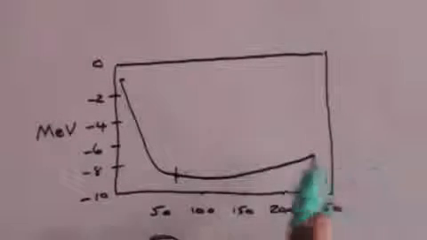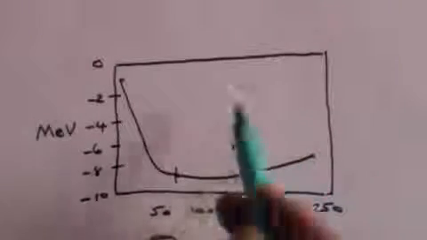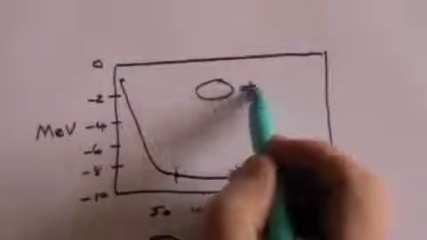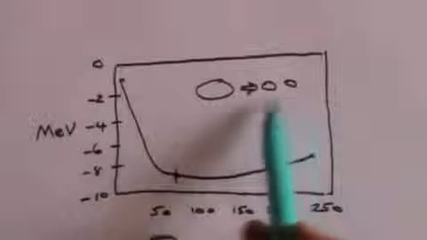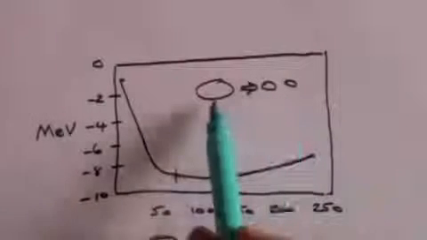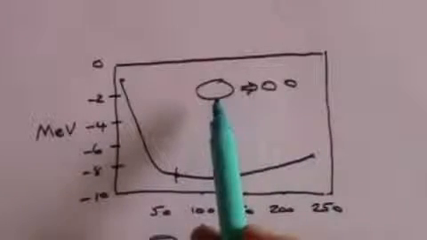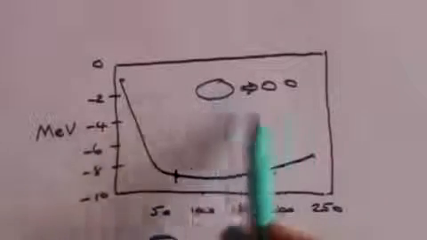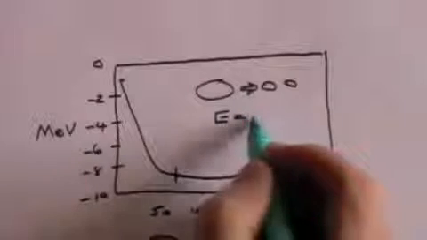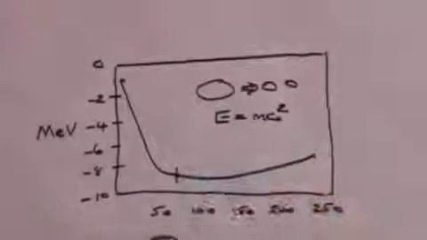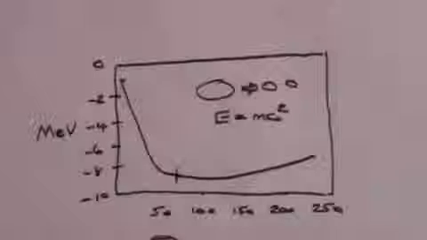What this means is that as a larger atom breaks up and becomes smaller atoms, the mass of the two smaller atoms together is less than the mass of the larger atom. And the difference in mass is converted into energy according to the famous formula E equals mc squared.